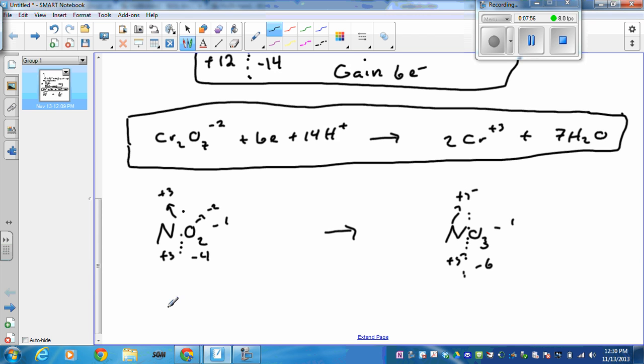So I have NO2 minus 1, NO3 minus 1. And in order to get from a plus 3 to a plus 5 state, that means that 2 electrons have been lost. So on this side, these 2 electrons have been lost.